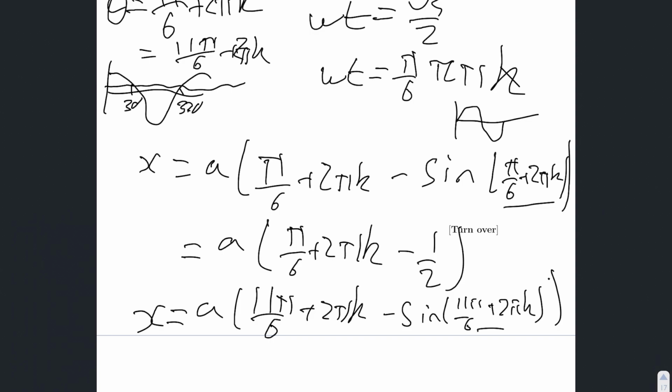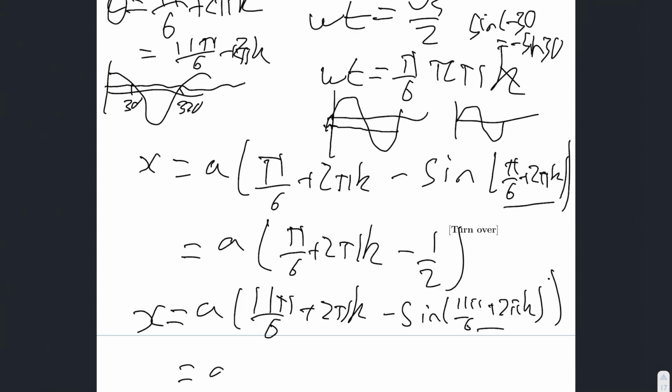So the sine of 11 pi over 6, like 330, will be the same as the sine of minus 30, and the sine of minus 30 equals minus sine of 30, which is minus a half. So this equals a times (11 pi over 6 plus 2 pi k minus a half), which is plus a half.